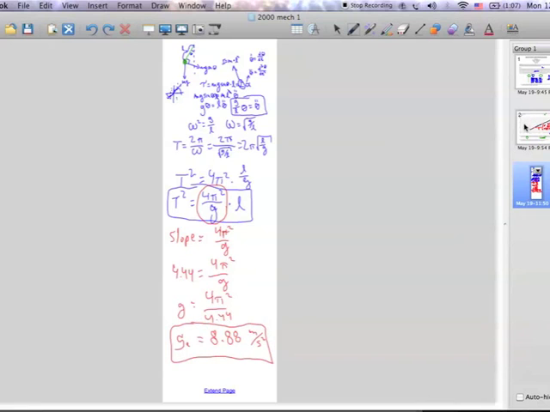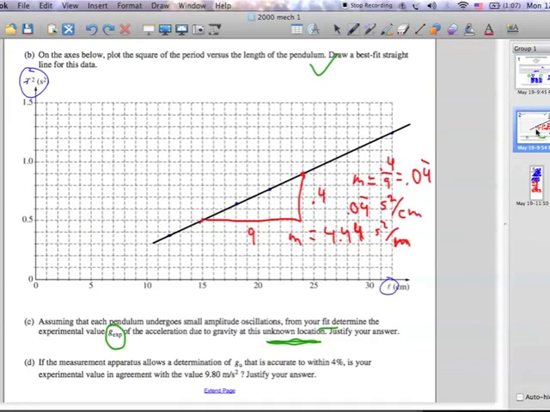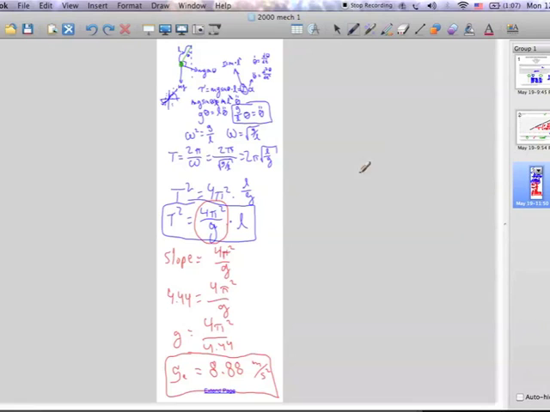And so there's question D. We've done C. D asks if our experimental value for g is within 4% of the real g on Earth, 9.8 meters per second squared. So let's see, I'll do a new page.